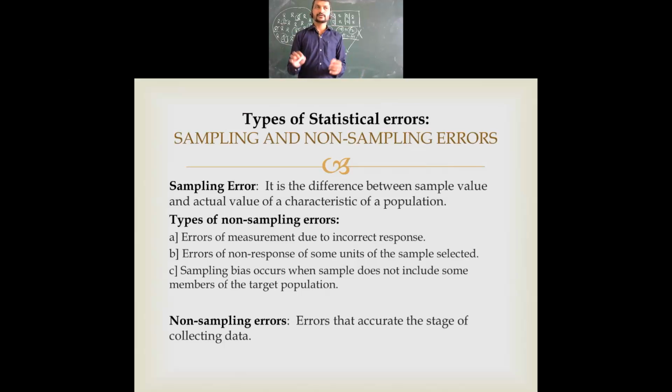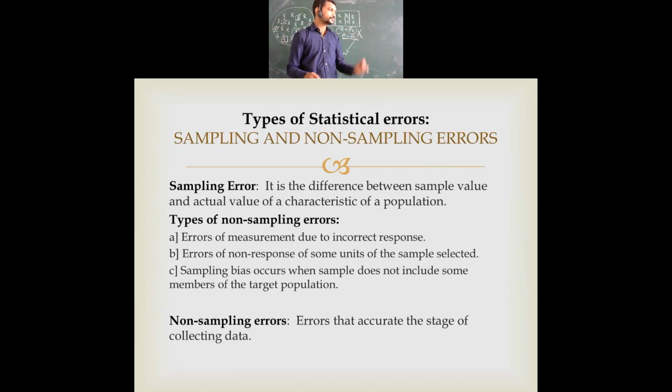Few of the times when you are doing jobs, if your friends ask what is your salary, how is your performance and all, you are not going to give the correct picture of your salary. You are not going to give accurate information to him. You will be giving a different picture only. Like if you are having less salary, you will be presenting more salary. So the first error is error of measurement due to the incorrect response.